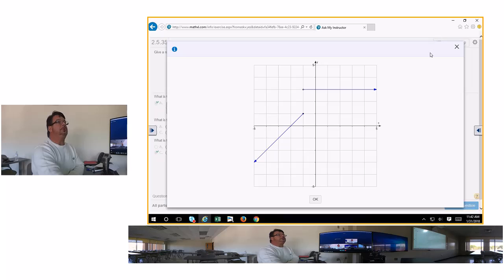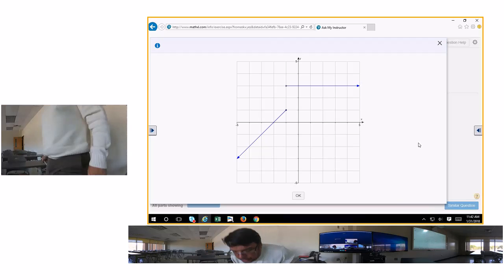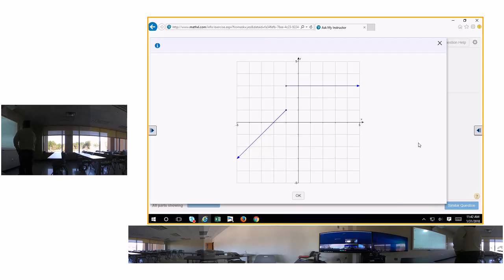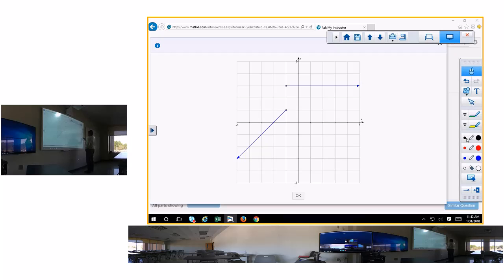I'll just do this on a whiteboard so you won't get mixed up with what's going on. It's a piecewise function, so therefore it's broken up into two parts. So you're going to have to find the slope of the line and figure out what it is.